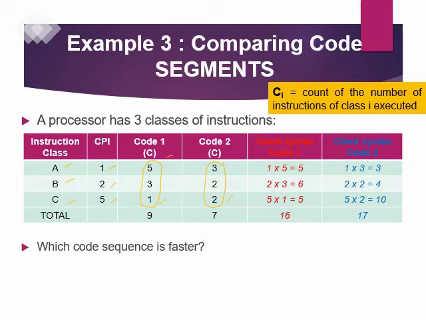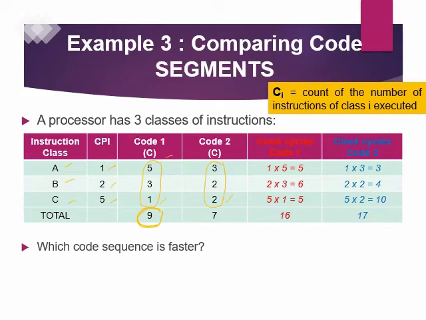So the question asks which code sequence is faster, but first we need to answer how many instructions for each code. So we total up. When we total up, we get for code 1, for the 3 classes, it has 9 instructions.